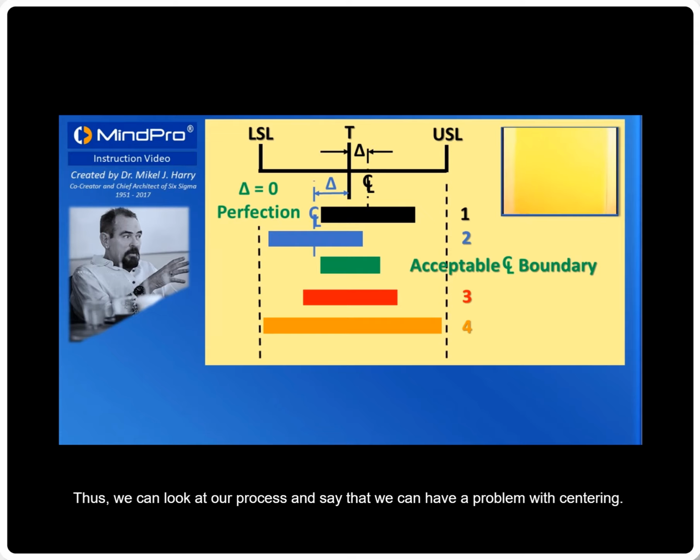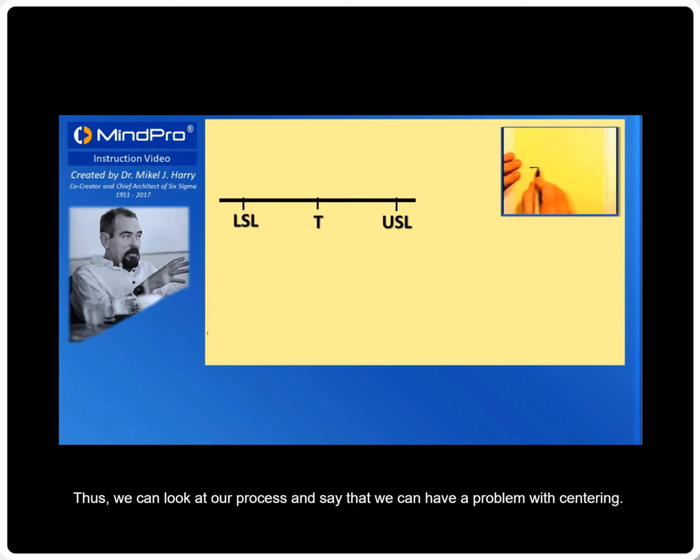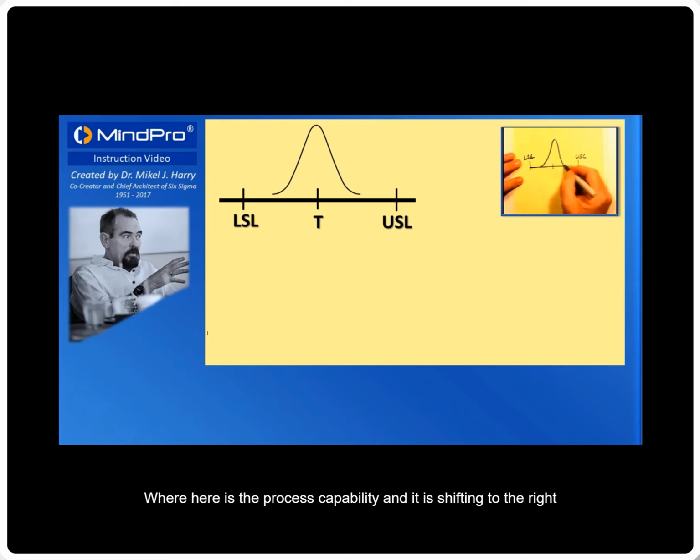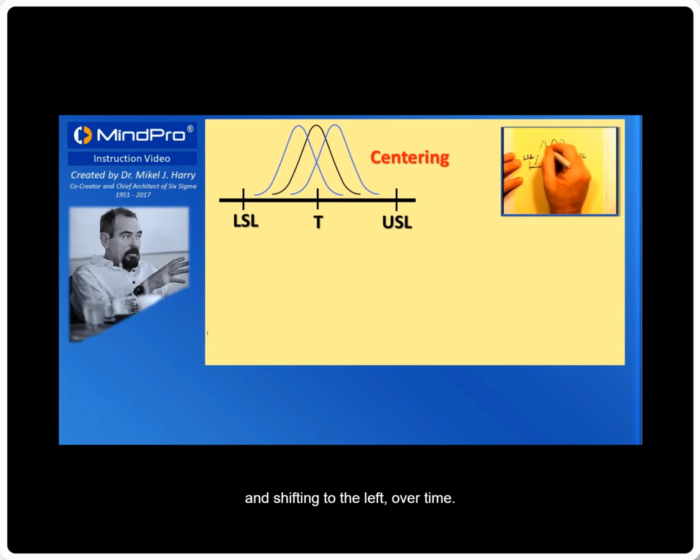Thus, we can look at our process and say that we can have a problem with centering, upper spec limit, lower spec limit, where here is the process capability and it is shifting to the right and shifting to the left over time.